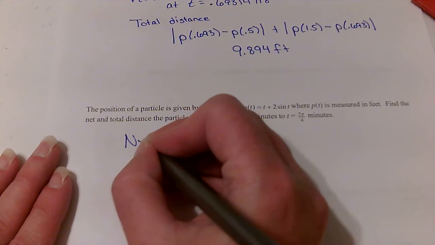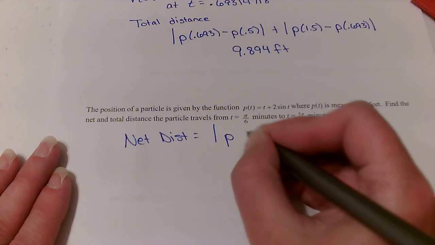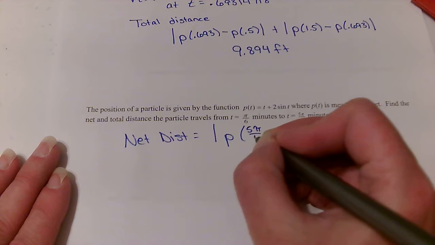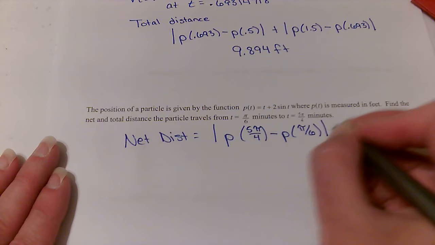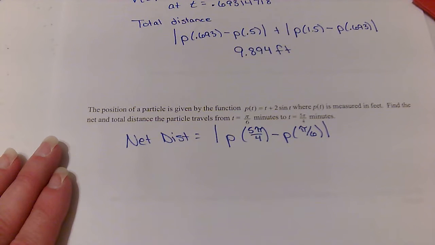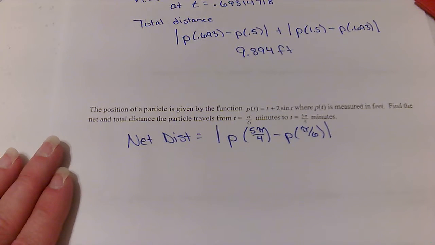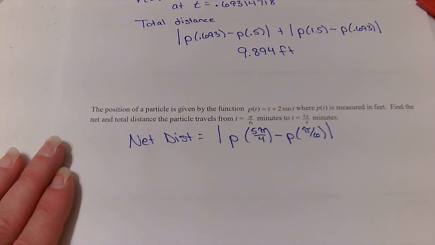Next one, net distance. The position at the end minus the position at the start.